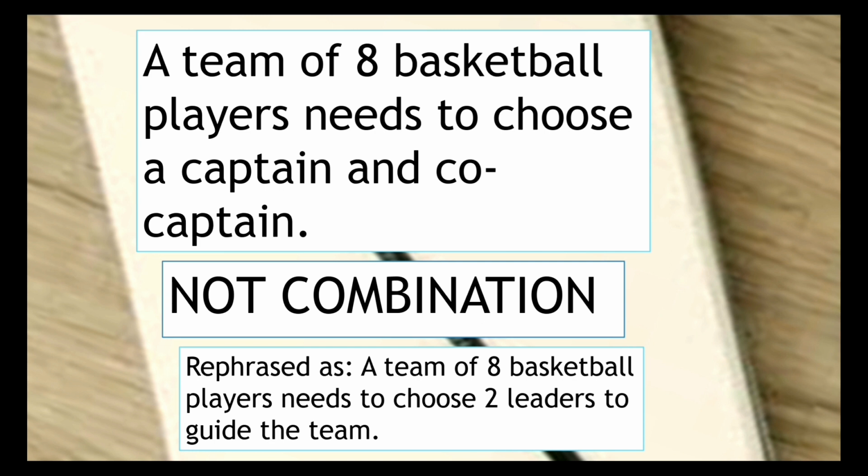So, if you were going to rephrase this, a team of 8 basketball players needs to choose 2 leaders to guide the team. So, this time, kahit ano yung mapili mo, dun sa dalawang leader, kahit alin ang mauna mong mapili, it is not important. Kasi pareho pa rin sila mapipili as 2 leaders.